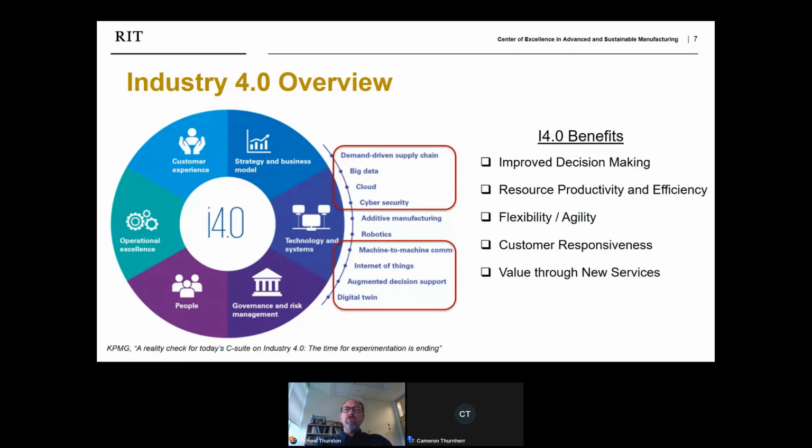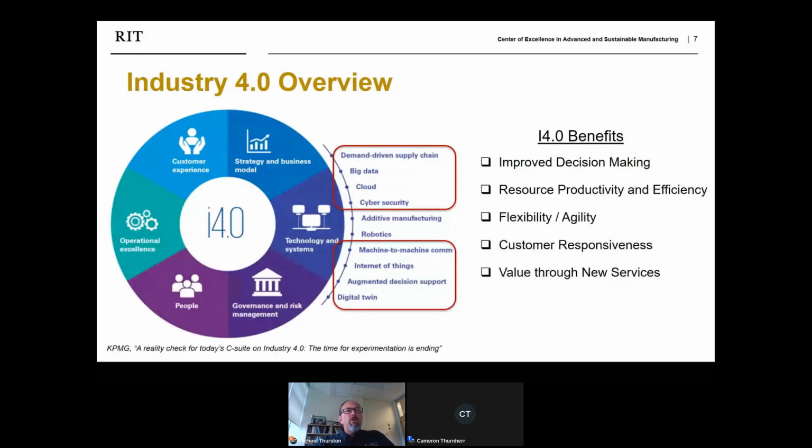Data analytics also directly drive the Industry 4.0 benefits that you see: improving the performance of your manufacturing operation through improved decision-making, resource efficiency, flexibility and customer responsiveness, and ultimately speed to market, and also new service offerings for your products.